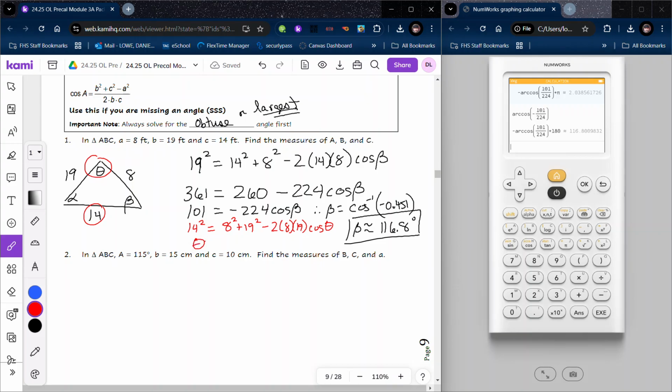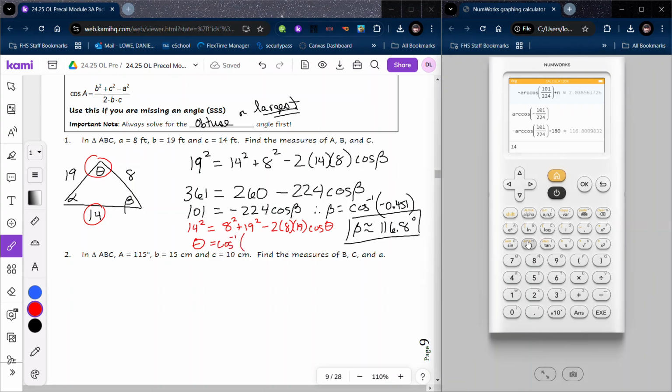And so that means that theta is going to be equal to the inverse cosine of 14 squared minus 8 squared minus 19 squared, right?